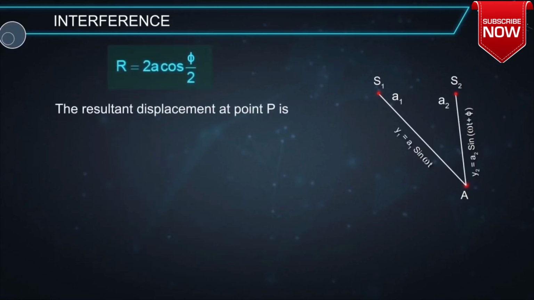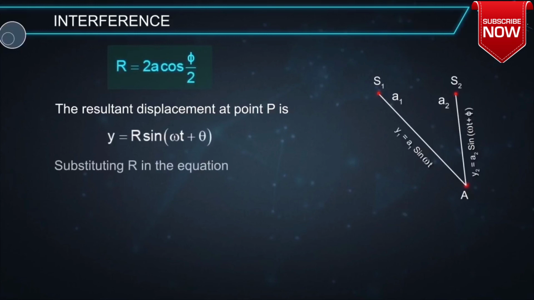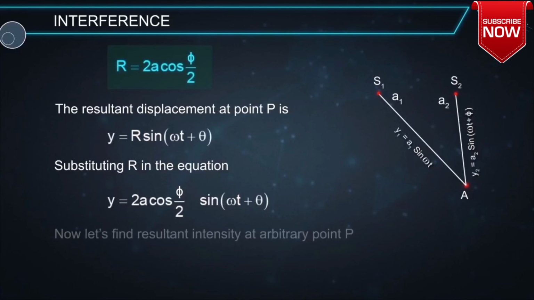The resultant displacement at point P is given by y equals r sin (omega t plus theta). Substituting for r in this equation, we get y equals 2a cos (phi by 2) into sin (omega t plus theta).